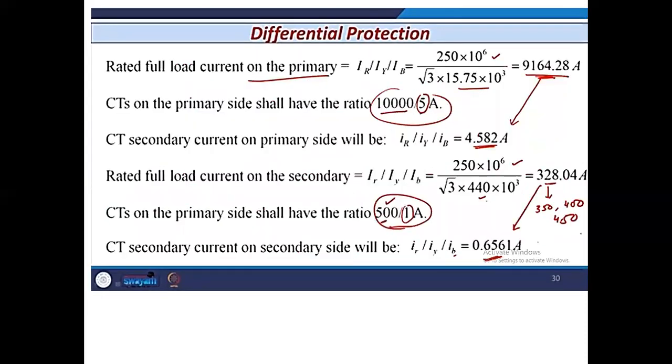In this case, let us first find out the full load current of the transformer on the primary side. The rating is 250 into 10 raised to 6 by root 3 into 15.75 kV. So the current comes out to be 9164 ampere.